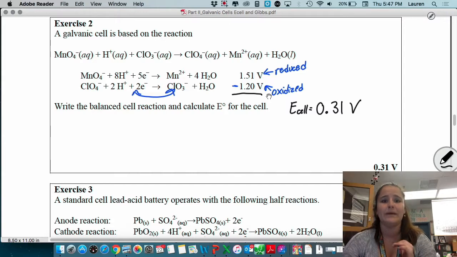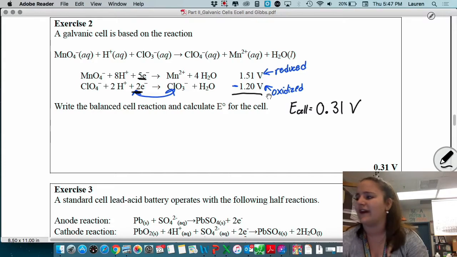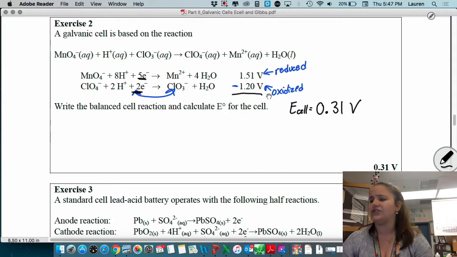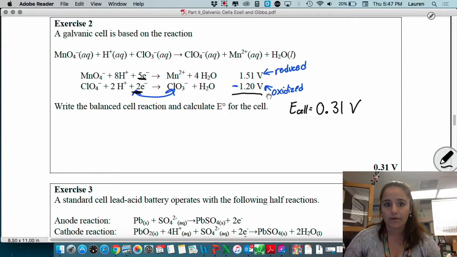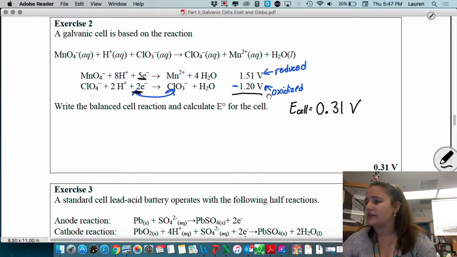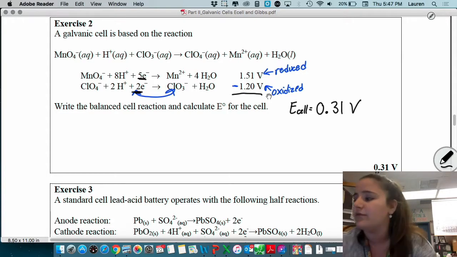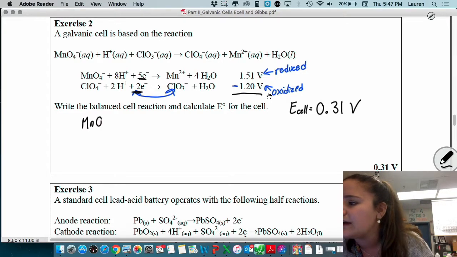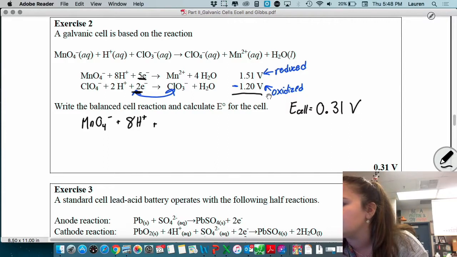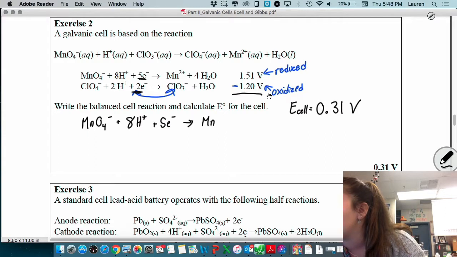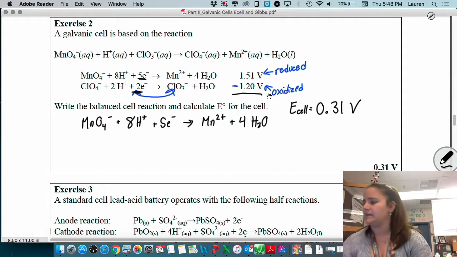That's going to get a little bit messier because notice I have 2 electrons here and 5 electrons here. I need to flip this reaction, so I'm just going to rewrite the whole thing. First, let me write the top one, the reducing one, so we just leave it written as is. MnO4 minus plus 8 hydrogen ions plus 5 electrons forms Mn2 plus plus 4 waters.